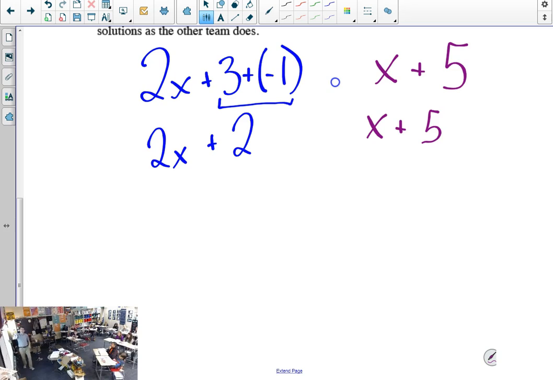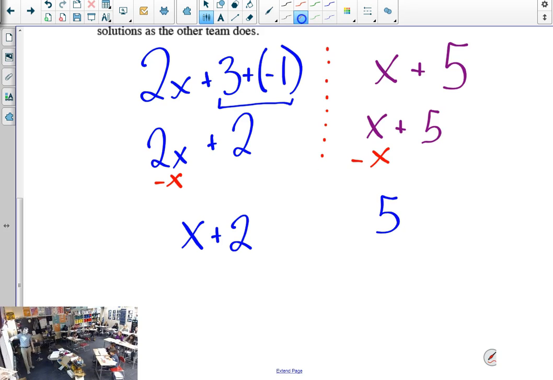We're going to remove balanced pairs because I have 1x over here and that's easy to get rid of. I'm just going to remove 1x from both sides. Now that leaves me x plus 2 and 5. And I really like this line down between. Now, do we know which side is bigger?